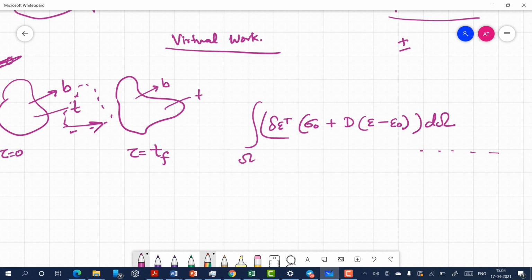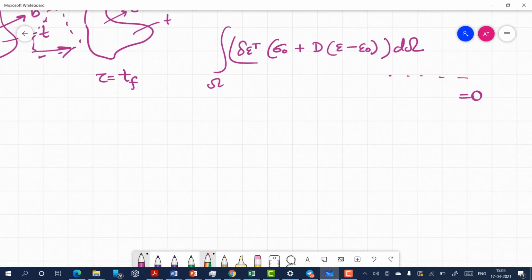Then I will have the rest of the terms of body forces and surface forces, and that should be equal to 0. Okay, so this is what we have now. Good. Now let us expand this term.